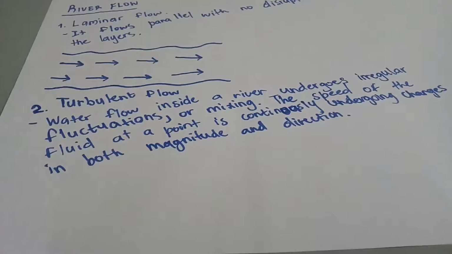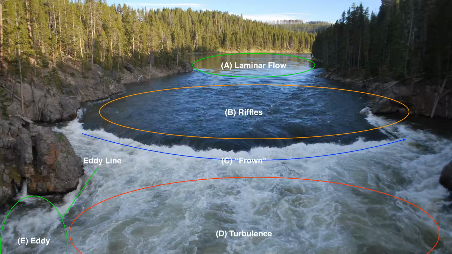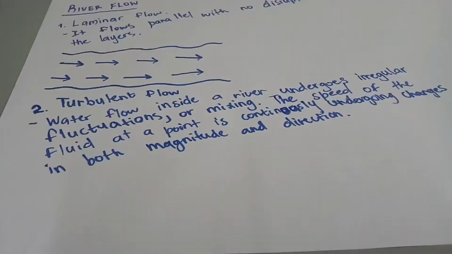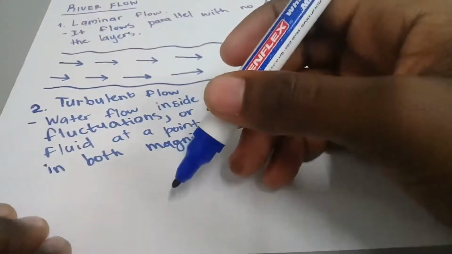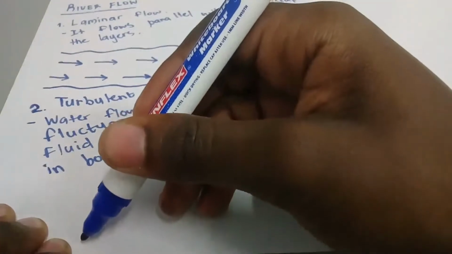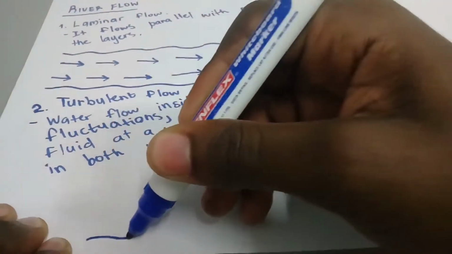By looking at our image, you can see that D is turbulence. Therefore, it's a turbulent flow. So let's draw how our water will end up moving in a turbulent flow within a river. This is our river.